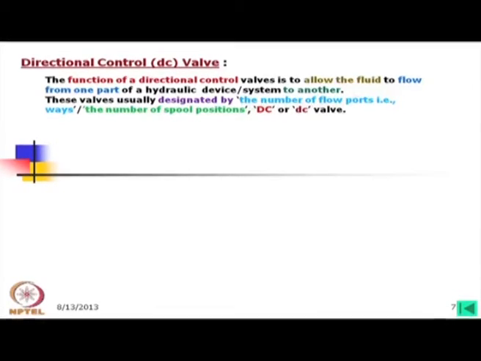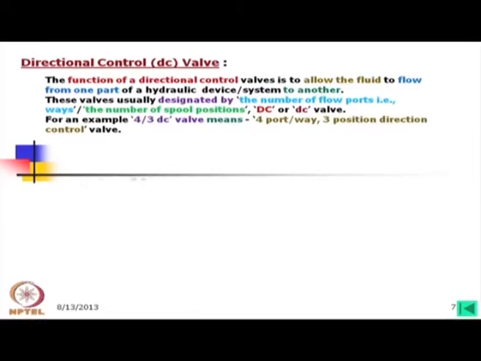The valves are usually designated by the number of flow ports, that is ways, and by the number of spool positions. It is simply called either capital DC or small DC valve. For example, 4/3 DC valve means a 4 port or way, 3 position directional control valve.